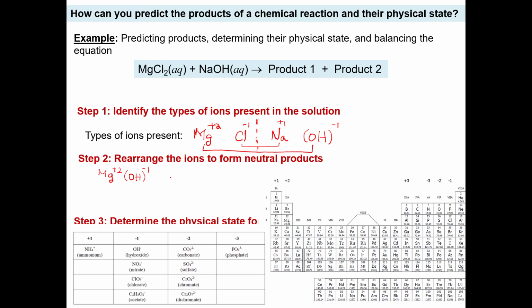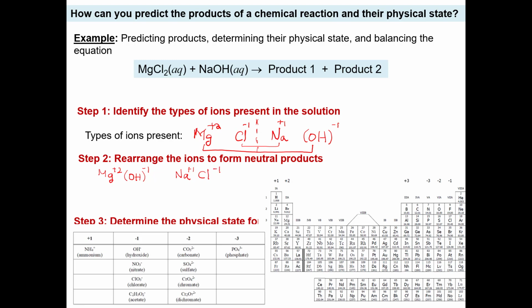And the other product will be sodium. Remember, always the positive ion of the metal, which is +1, and then the chlorine, which is -1.